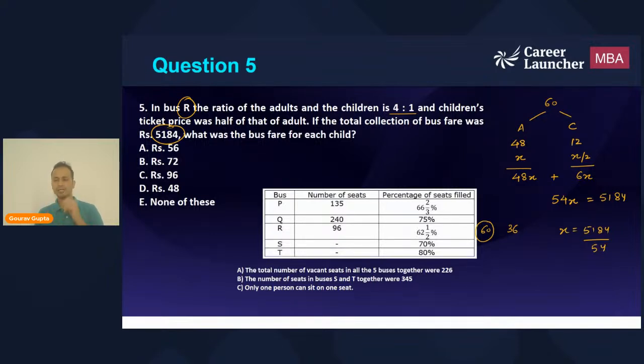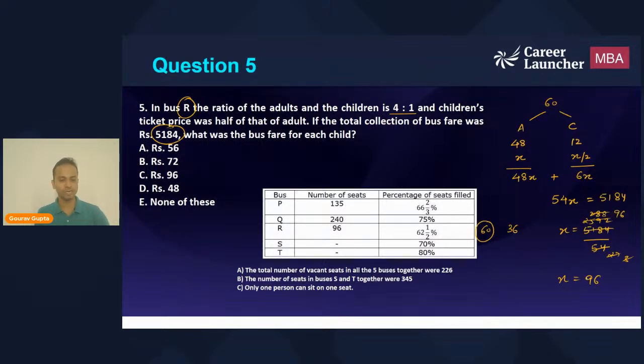Do the calculation, get the value of X. So if I cancel out 27, 2592, and then 9 se cancel out karte hain, 2, 18, 288 and then 96. So the value of X comes out to be 96.